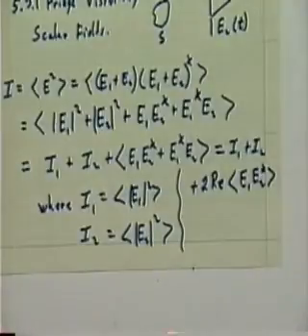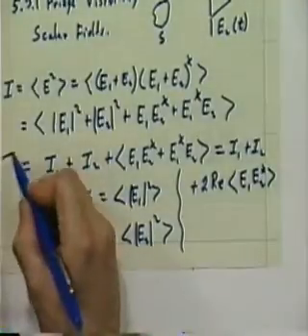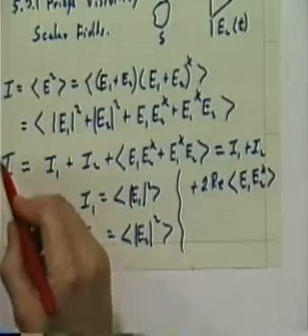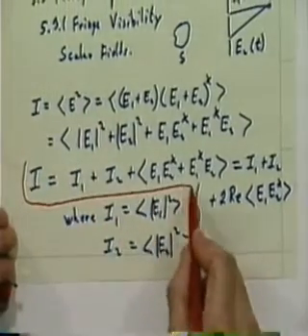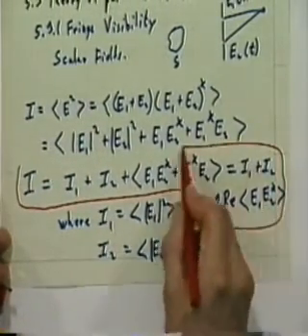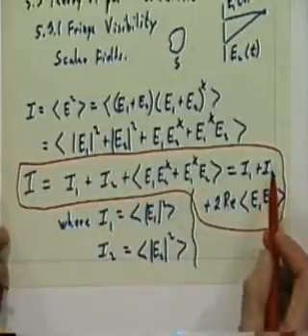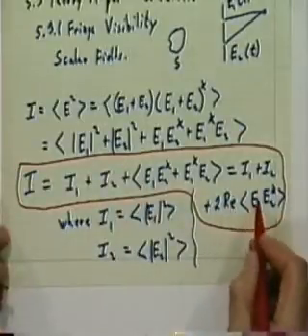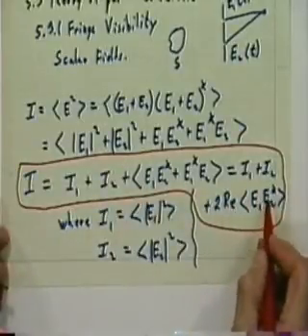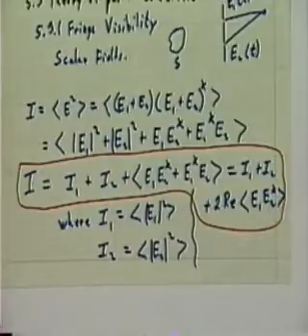So I have this expression here: I1 plus I2 plus 2 times the real part of the time average of E1 E2 complex conjugate.